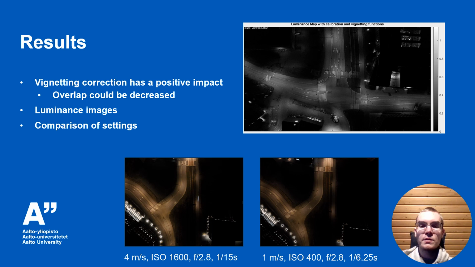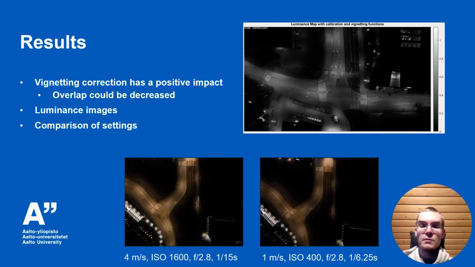Another result was luminance images with absolute values, like in the top picture. These were possible to make due to all the calibrations and vignetting function that were already used for the vignetting analysis method.